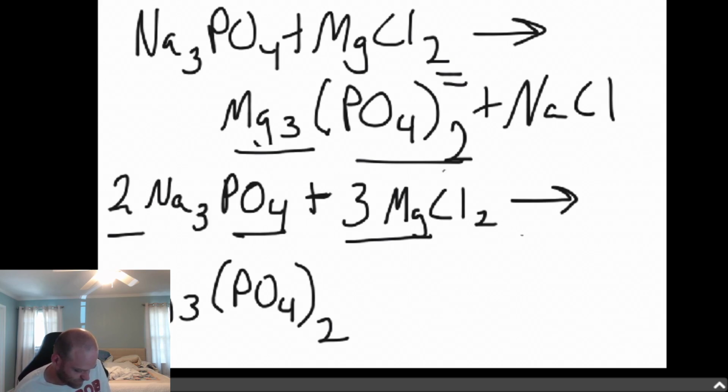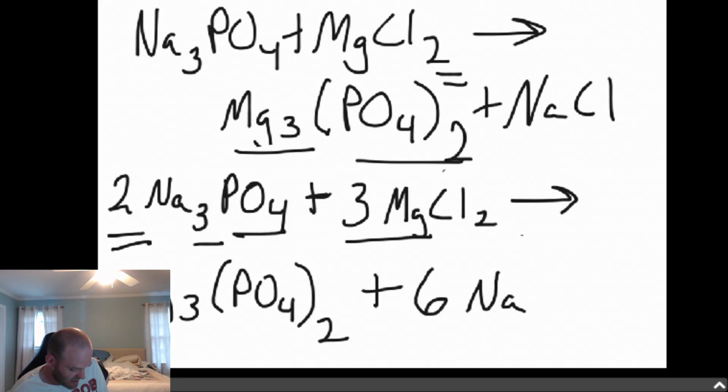Okay, so now I've done that. The phosphates match on both sides, the magnesiums match on both sides. What doesn't match is the NaCl, so plus, and let's see how many I have on this side. So 2 times 3 for the Na would be 6 Na, and then also 2 times 3 for the chloride, but they are together, so total 6 sodium and 6 chloride combine.